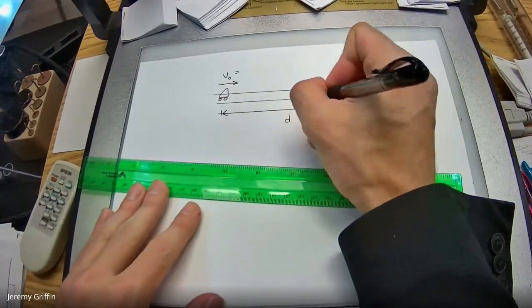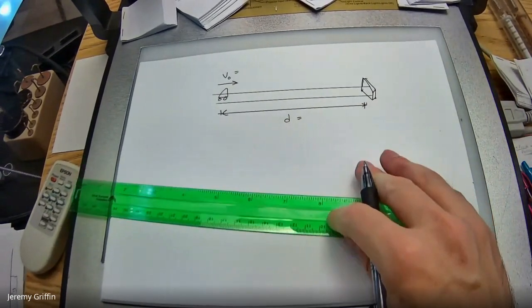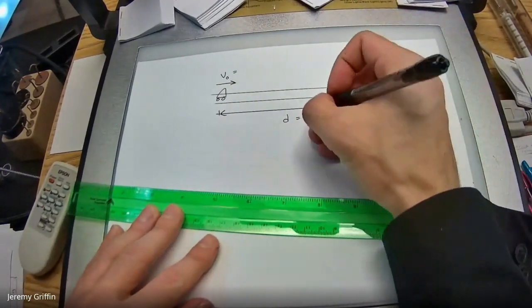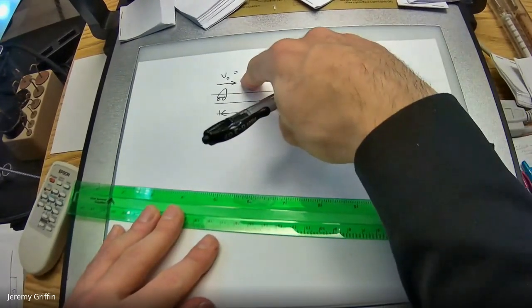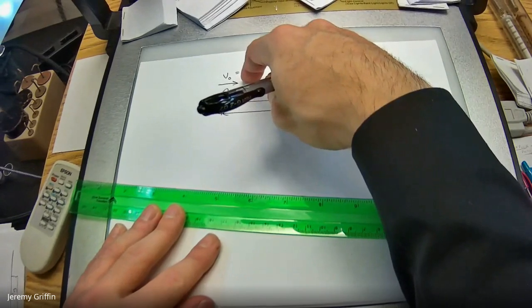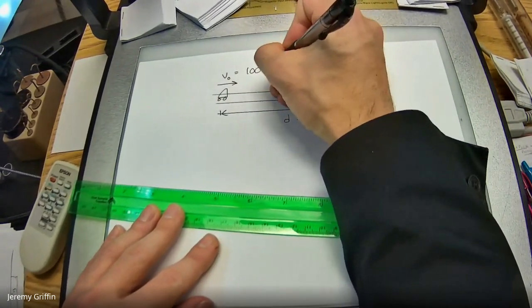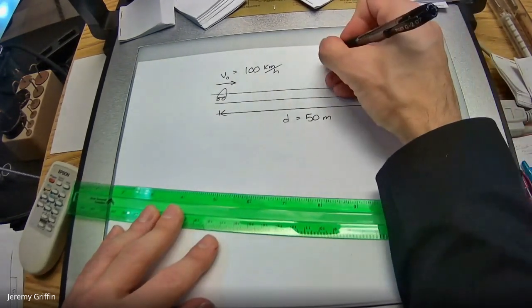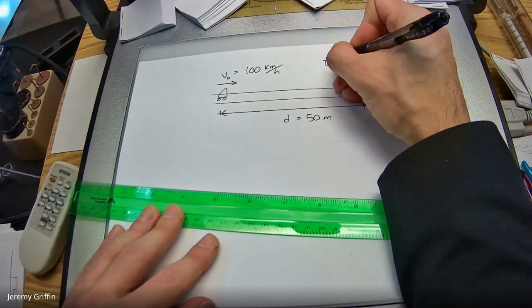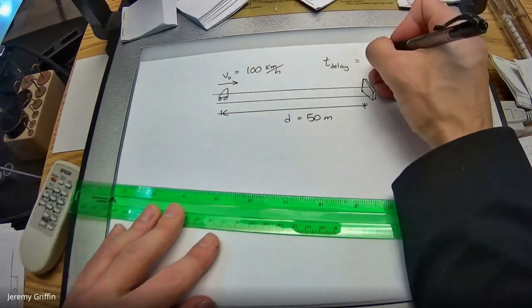I'll make up a number for that. Let's call this 50 meters. Let's say the initial velocity was 100 kilometers per hour. That's about 60 miles an hour, by the way. And let's say the delay time before he could hit the brakes was half a second.